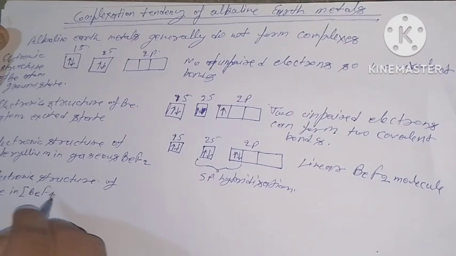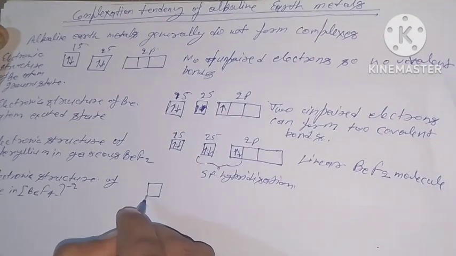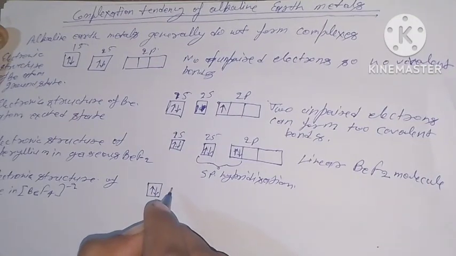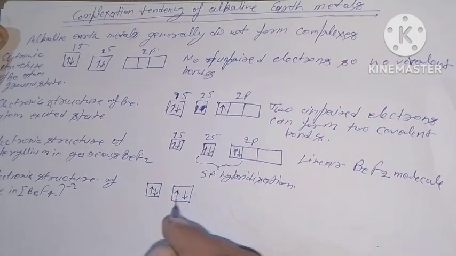Next is the electronic structure of beryllium in BeF4 2-.